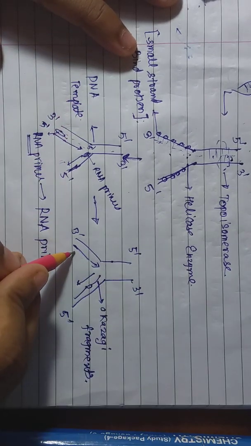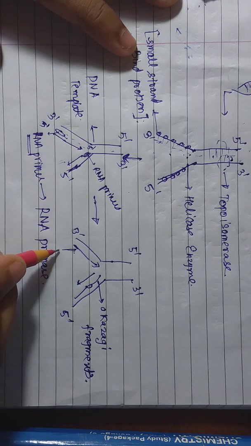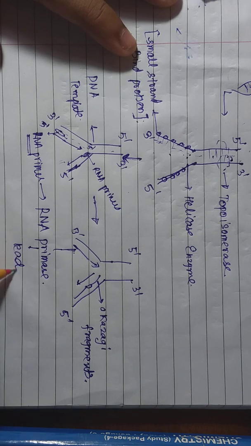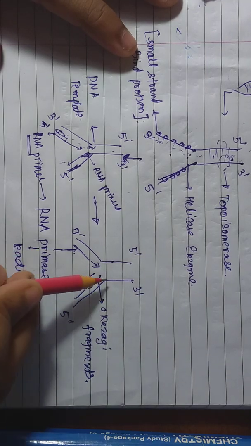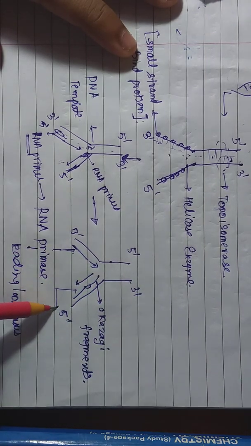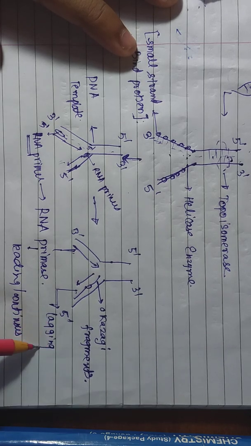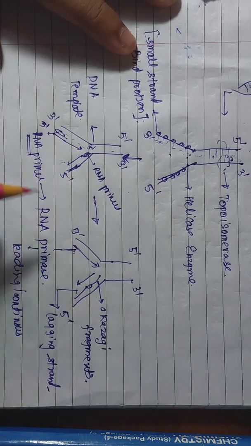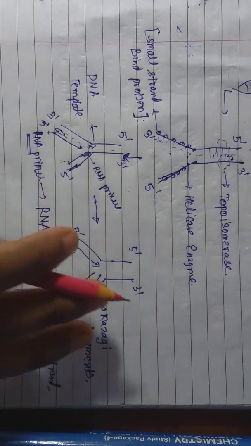This is the leading or continuous strand, since it is synthesized in a continuous manner, and here it is in a fragment manner. This is the lagging strand, or discontinuous, you can say. So these are Okazaki fragments.